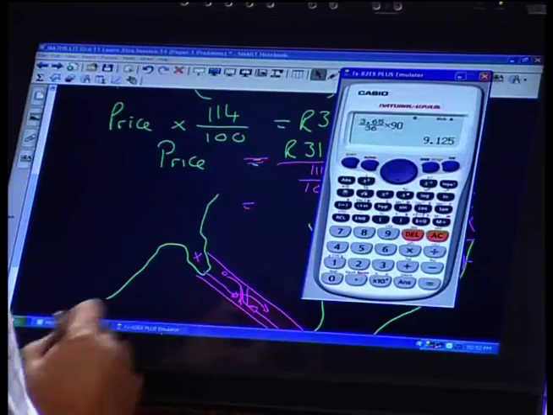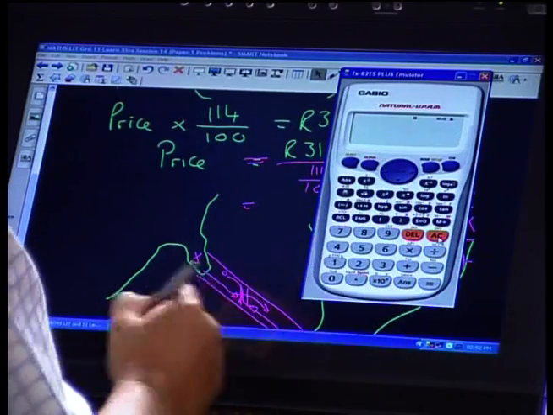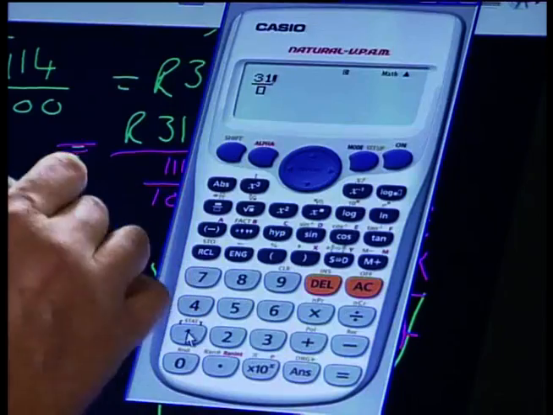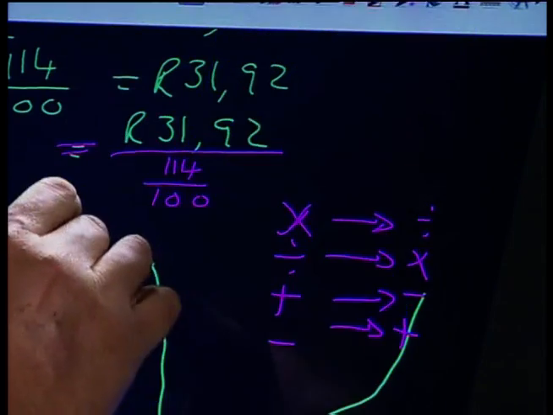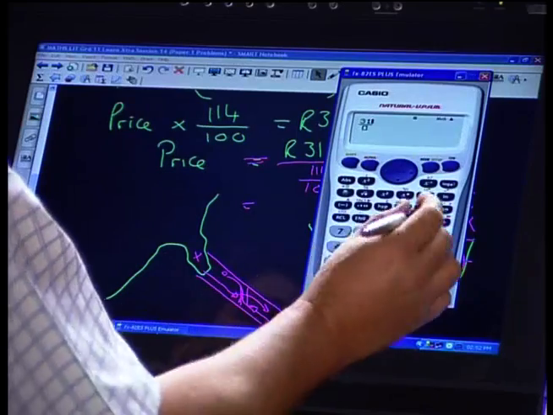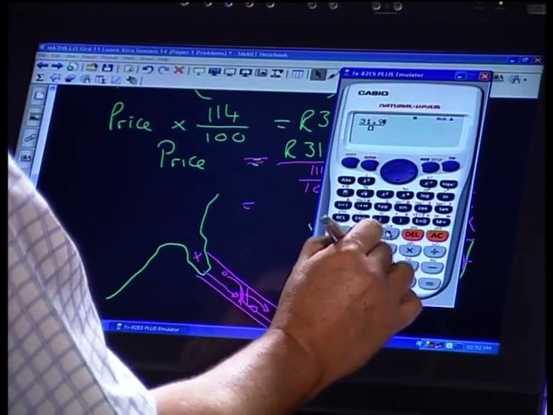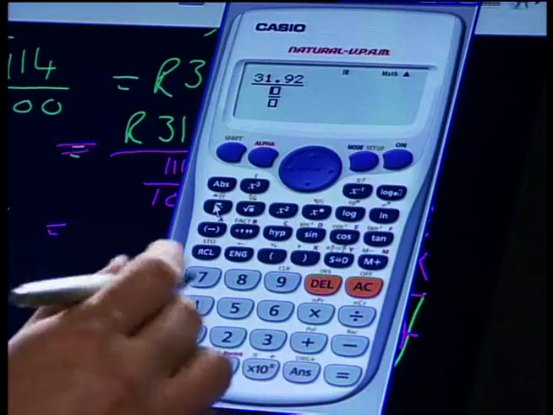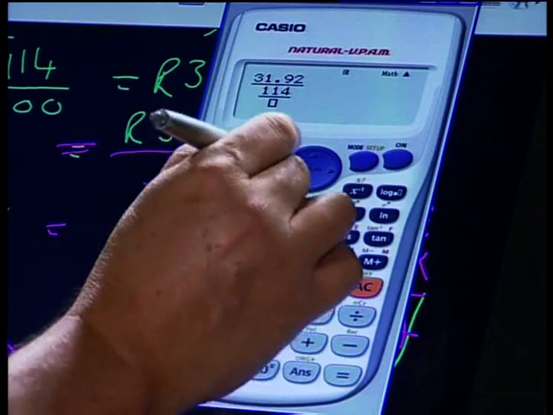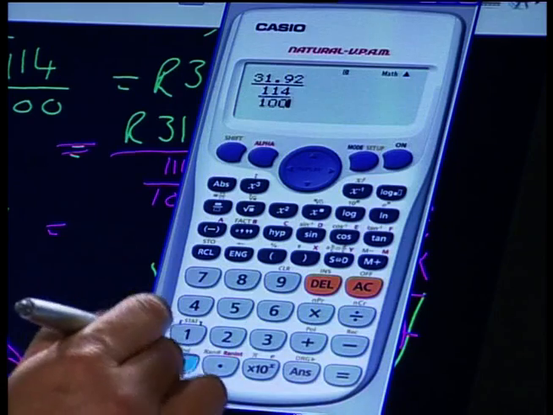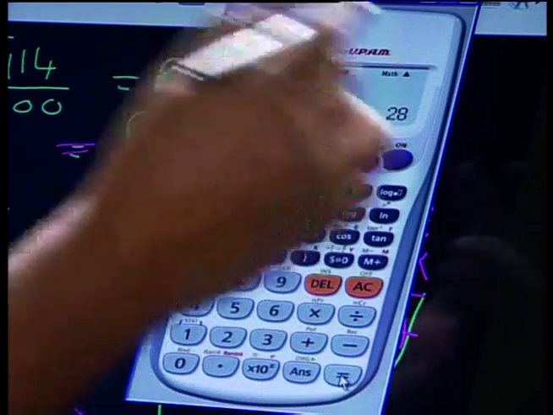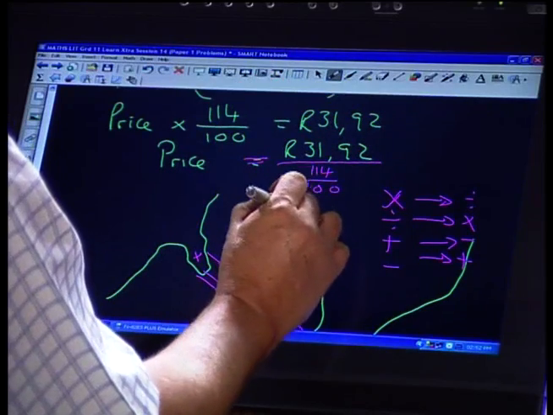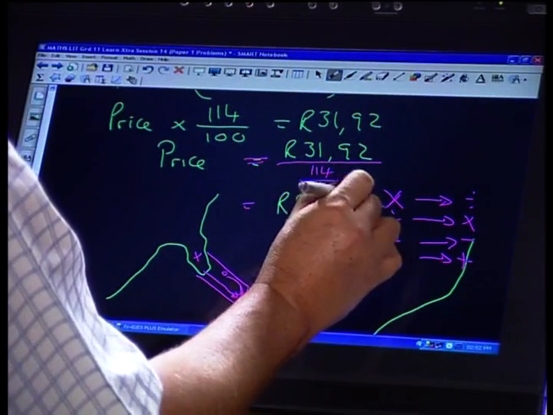Okay, so let's just use our calculator again, and we're going to say, right, I have got 31 Rand 92 over 114%, which equals 28 Rand. So that is the actual price excluding the VAT, 28 Rand.